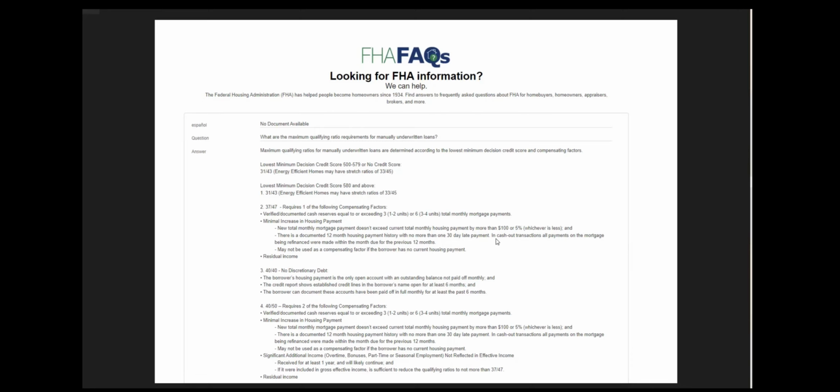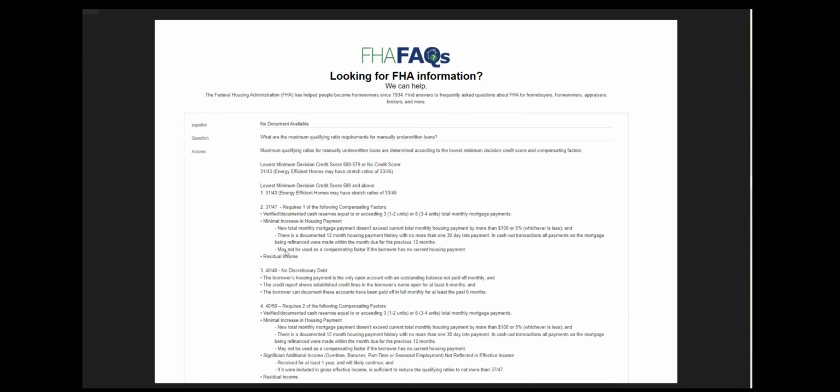And in the case of a cash out refinance, they are requiring that all payments on the mortgage being refinanced were made within the month that they were due for the previous 12 months. The third condition on that compensating factor is if the borrower has no current housing payment, this may not be used as a compensating factor.